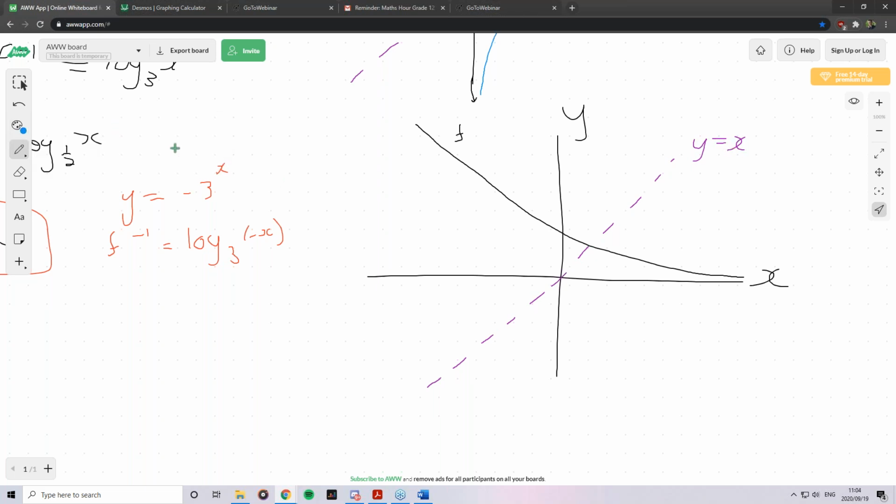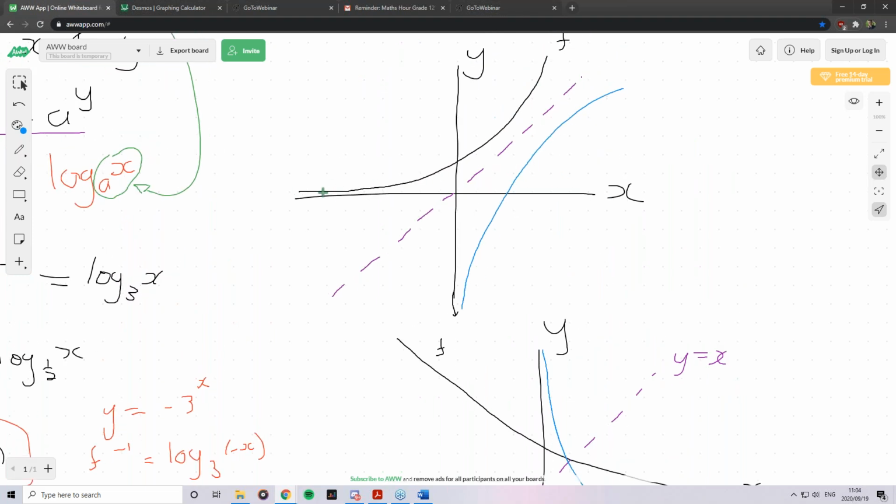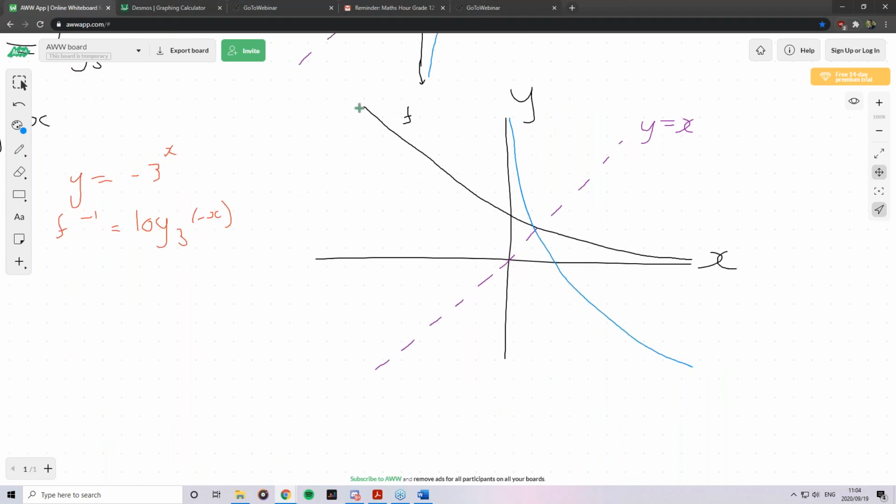And what will the reflection look like? It'll look something like this. So that's just two you can remember. If the exponential looks like this, the inverse will look like this, and if the exponential graph looks like this, then the inverse looks like this.